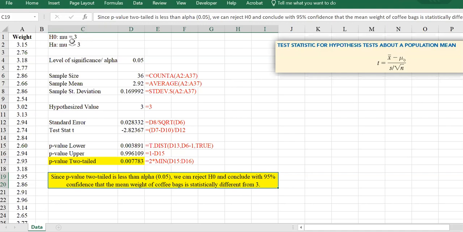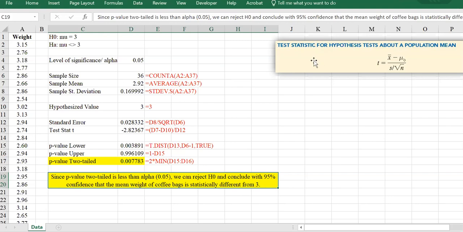You want to see if the average weight of the bags is equal to 3. If that is not the case, you may go ahead and fire the supplier, or you may want to just make a complaint about that. So this summarizes the process of hypothesis testing for the population mean.